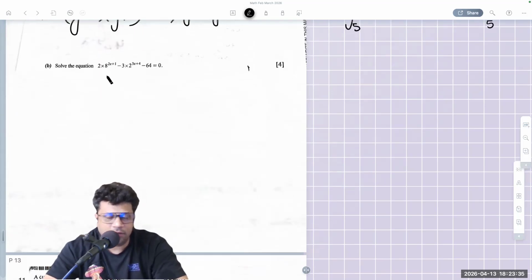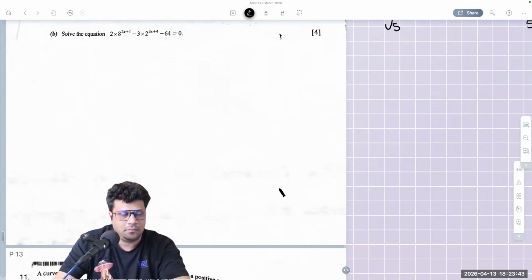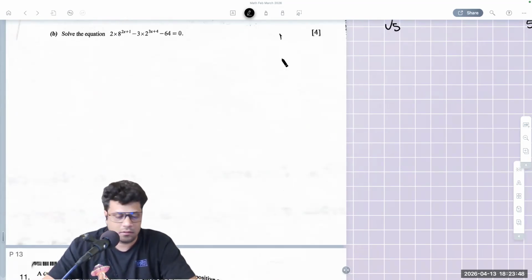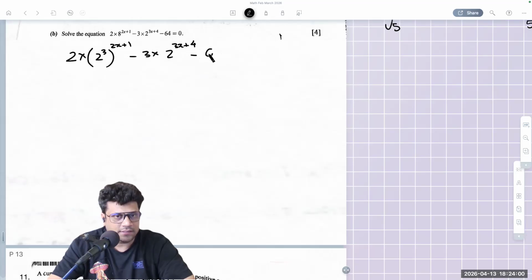Okay, this I need to bring them all to the base of 2. So you go 2 into 2 to the power of 3 to the power of 2x plus 1 minus 3 into 2 to the power of 3x plus 4 minus 64 is 0.